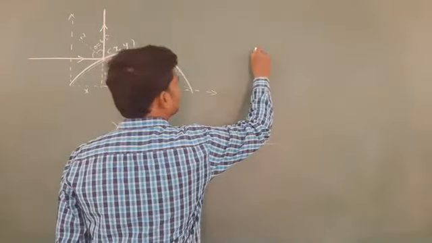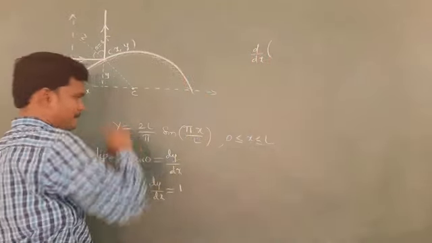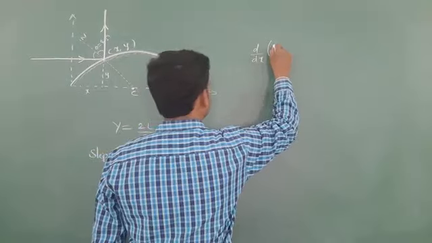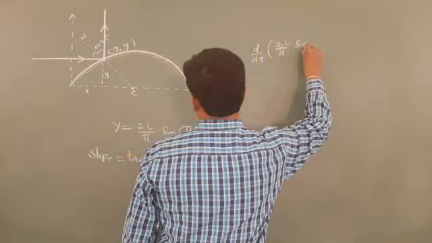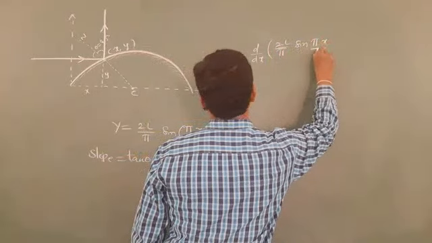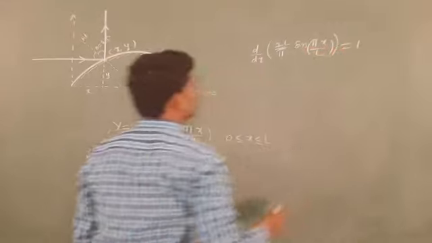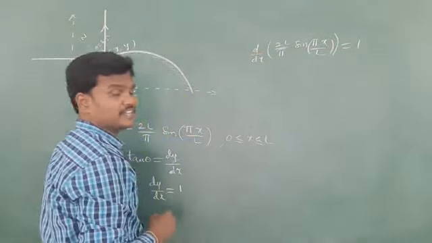So d by dx of the y value: y equals 2L by pi sin pi x by L, which is equal to 1. Apply differentiation with respect to x.